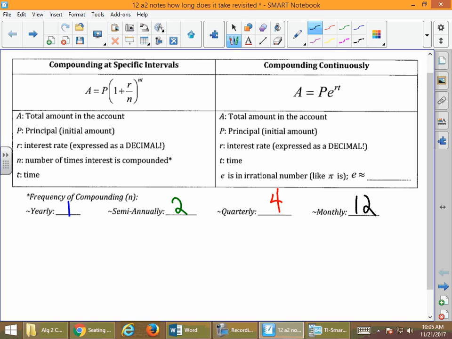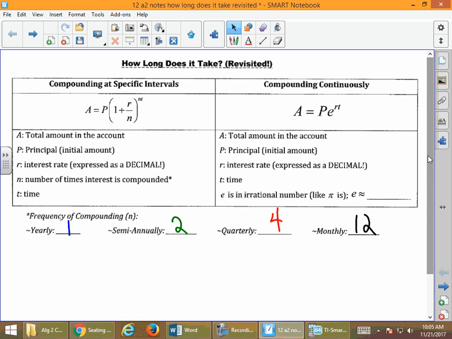But the other formula that we used is this formula to the right called compounding continuously. In order to use this formula, this word continuously must be in the problem somewhere. It specifically has to state continuously.